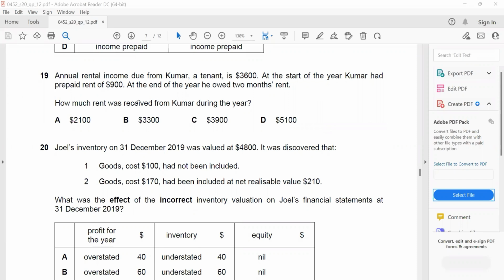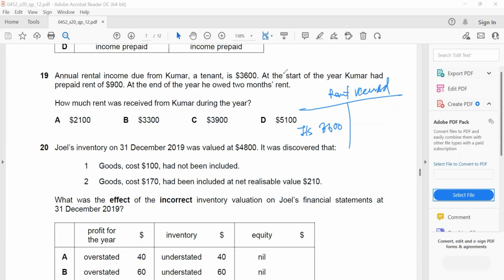How much rent was received from him? Okay, we take the rent received account. Annual rent income due from Kumar is 3,600. That means income statement 3,600. Debit rent received, credit income statement.